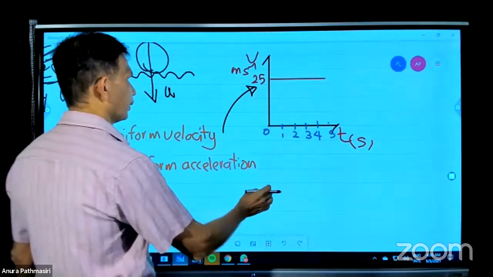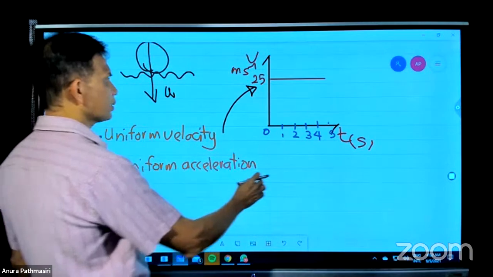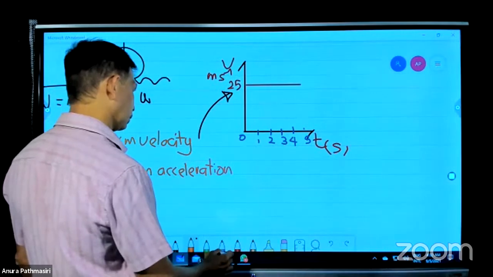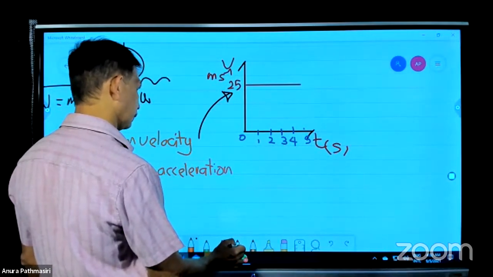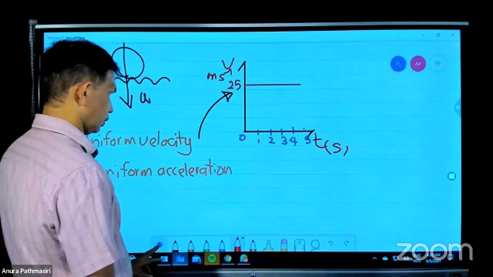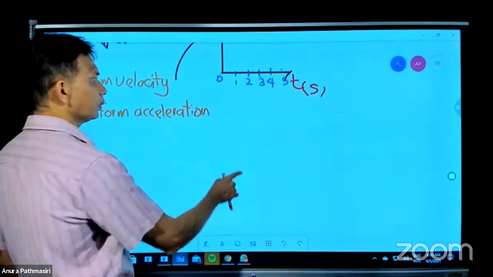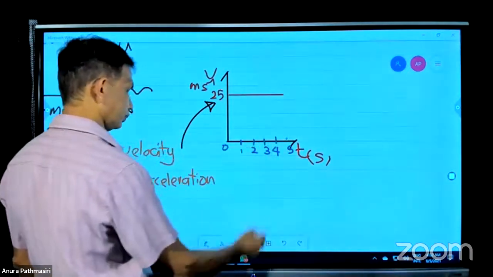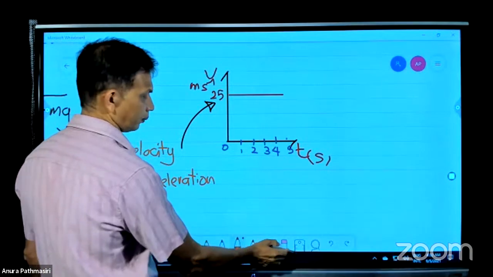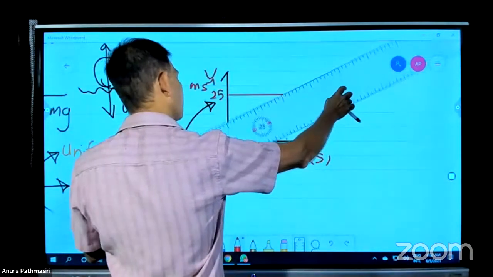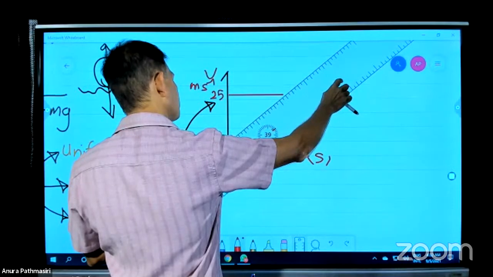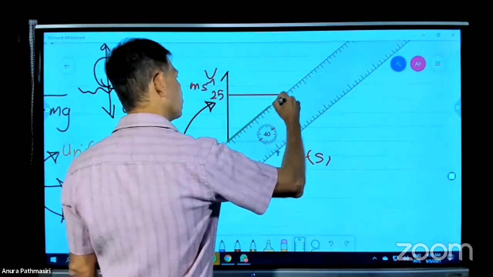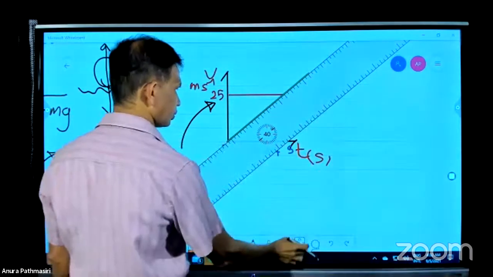Now, uniform acceleration is represented by this one, right? I will show it in the same graph. You can have uniform acceleration in this way. I will show it by using the green color line. So you can see, this is uniform acceleration.